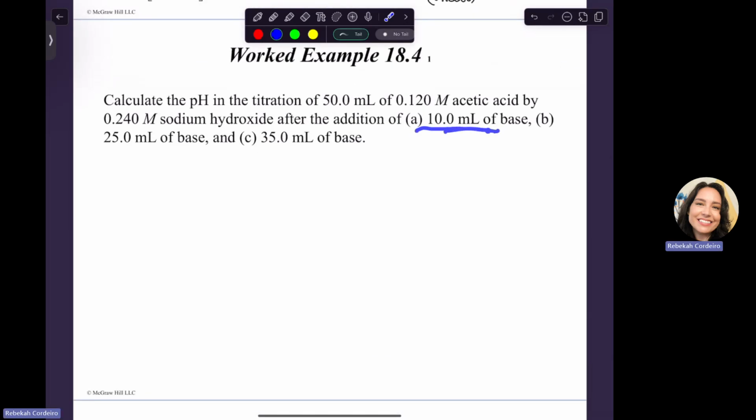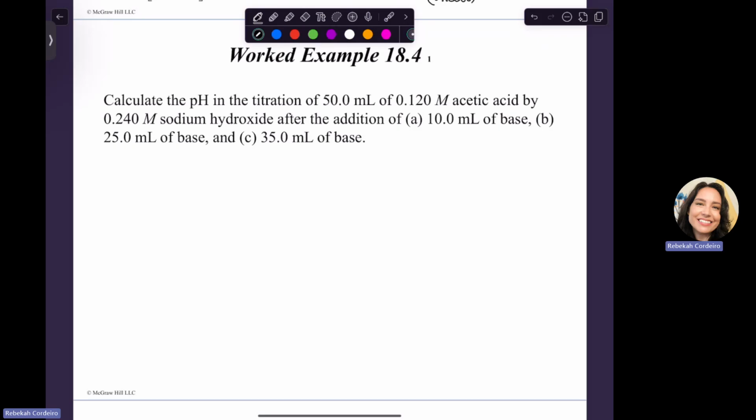So when you add this much base, sodium hydroxide, do we have some acetic acid left over? If we do, then you're still Henderson-Hasselbalch. If you get to the point where you don't have any left over, I'm assuming they're going to do one of 3: Henderson-Hasselbalch, neutralization, and then post-neutralization. But start with your initial pH.